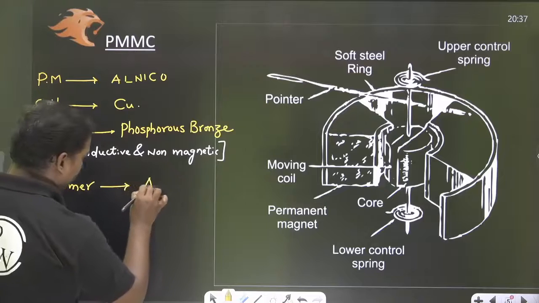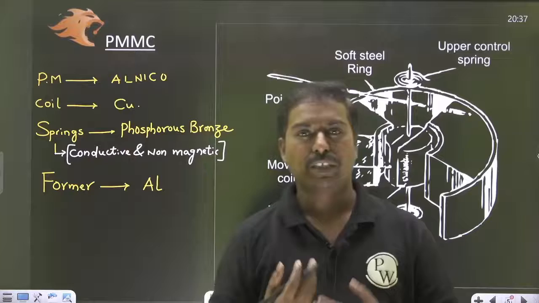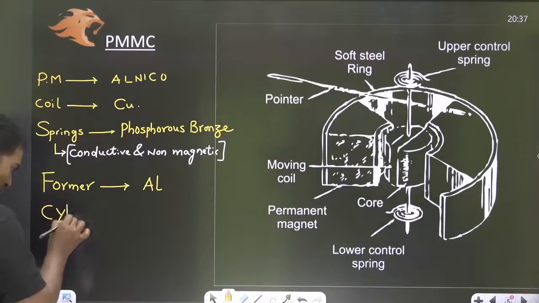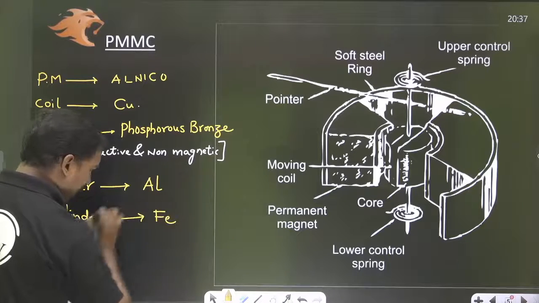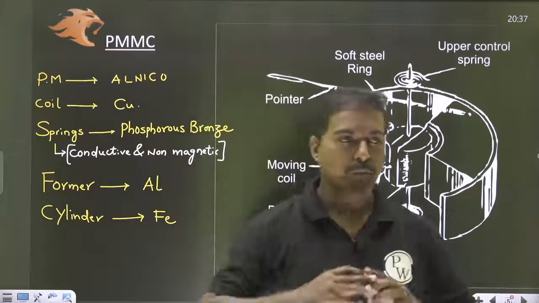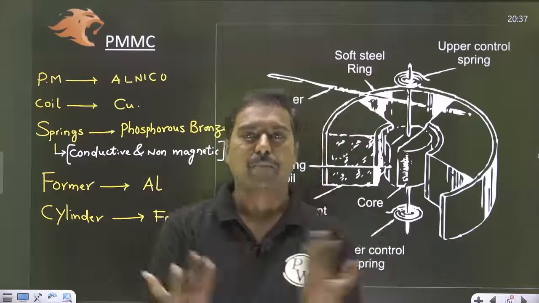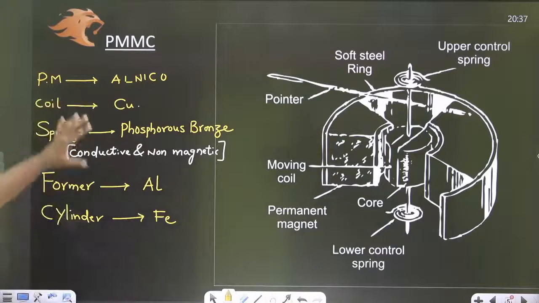That is made of aluminium because it is lightweight. And the cylinder is made of ferrous iron, because iron is more permeable in nature. Because of the higher permeability of the iron, more flux can be radiated around the copper winding. So these are certain materials.